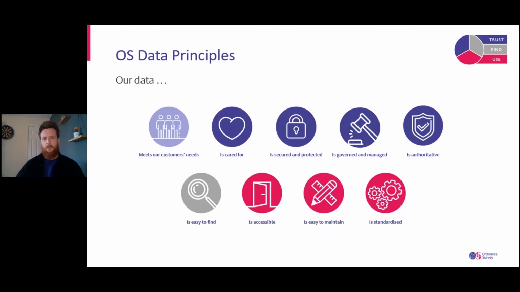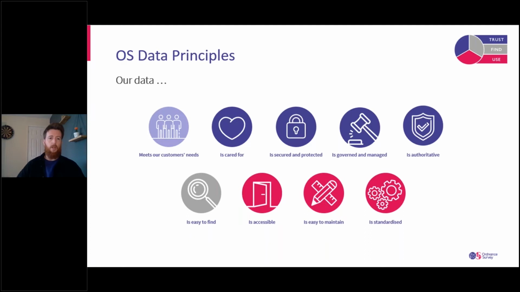So the OS data principles, these are a set of principles that our data team have been working on for a little while now, alongside Geospatial Commission and other organisations across government working with geospatial data. And as you can see, one of those principles is that our data is authoritative. But these are the principles by which we manage our data from the moment that we collect that data right through its data life cycle to the moment that it gets into the hands of our users.